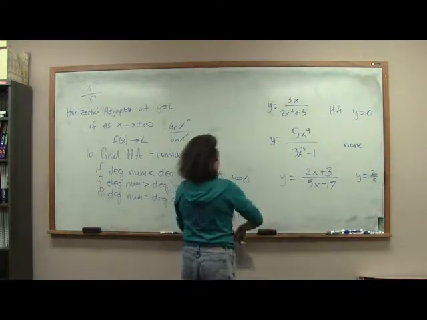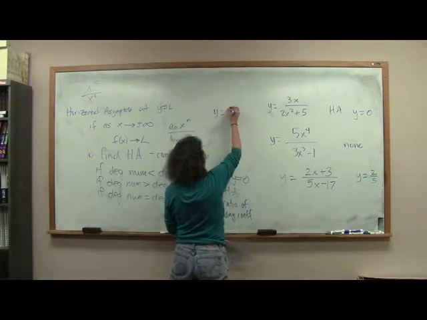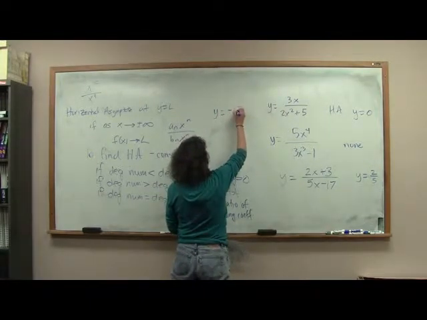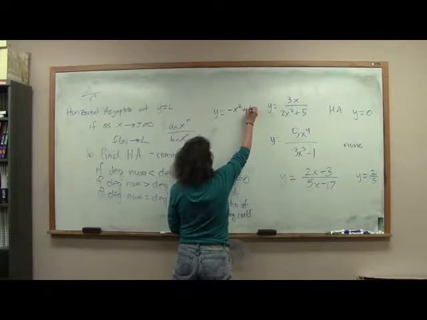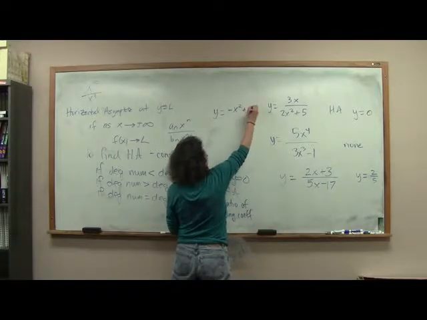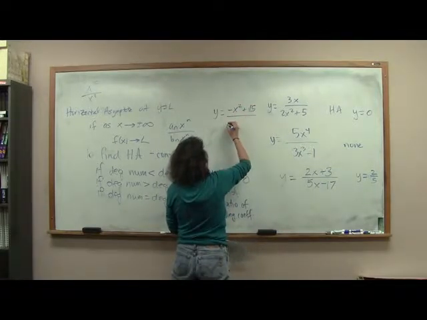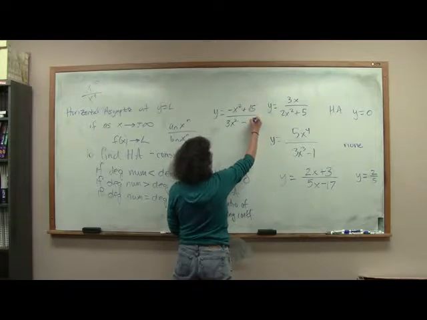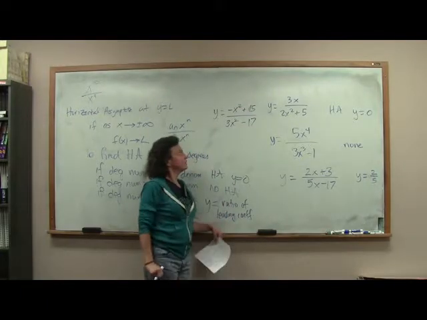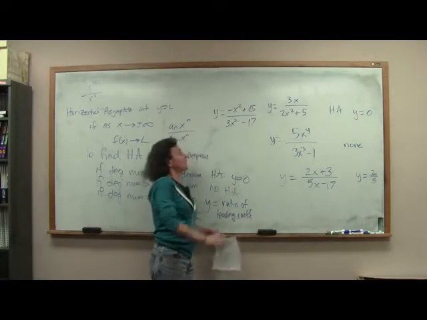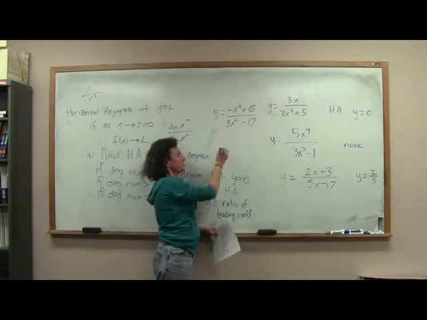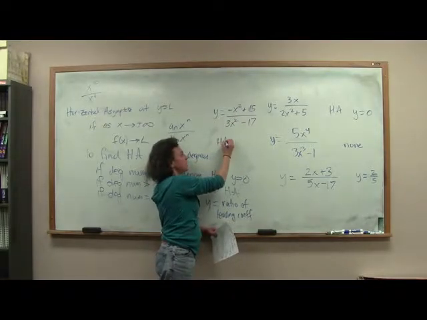Let's do one more. What if I have y equals negative x squared plus 15 over, say, 3x squared minus 17? Notice the degree of my numerator is equal to the degree of my denominator.